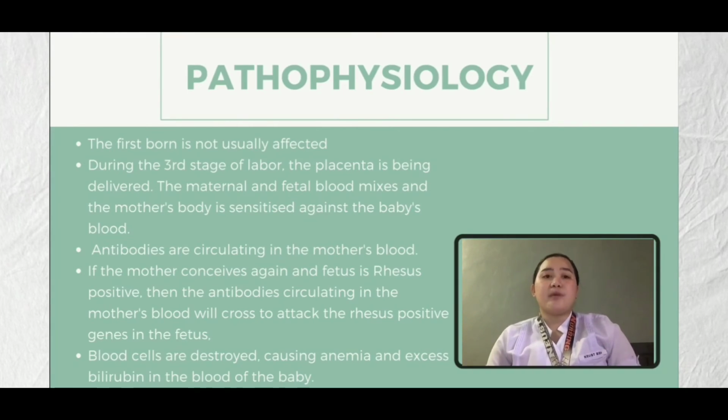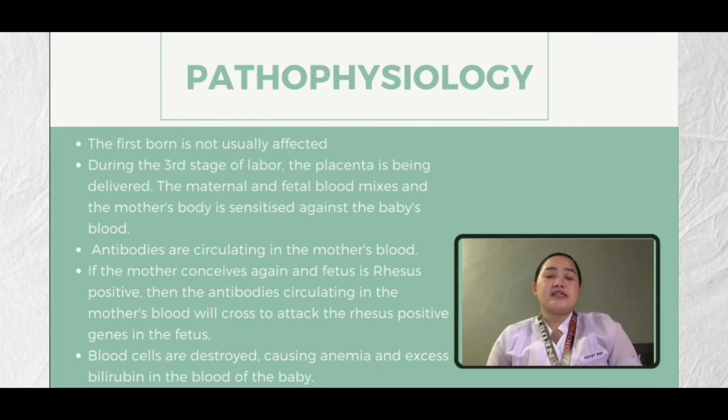The risk and severity of sensitization increases with each subsequent pregnancy involving a fetus with Rh positive blood. When the mother conceives again and the fetus is Rh positive, the antibodies circulate in the mother's blood and cross to attack the Rh positive cells in the fetus.